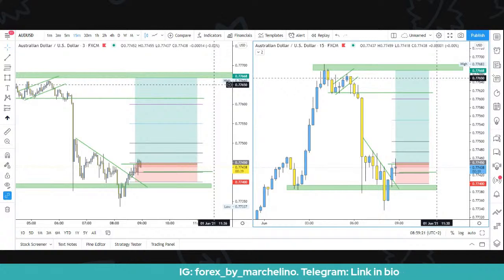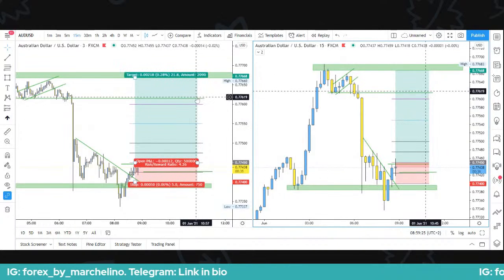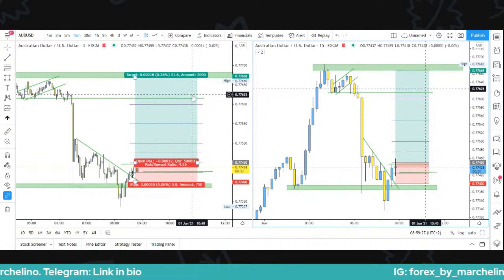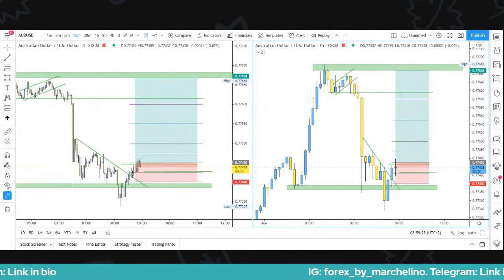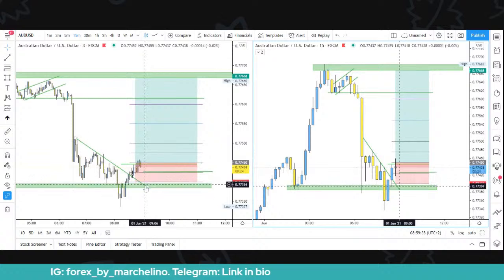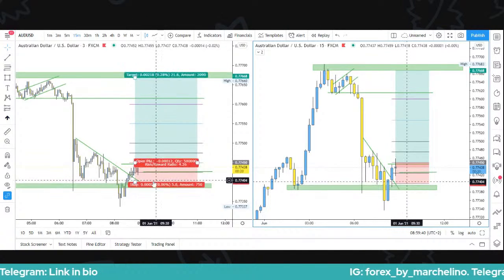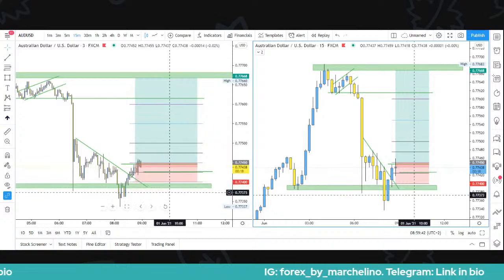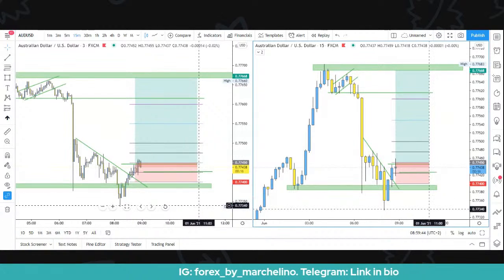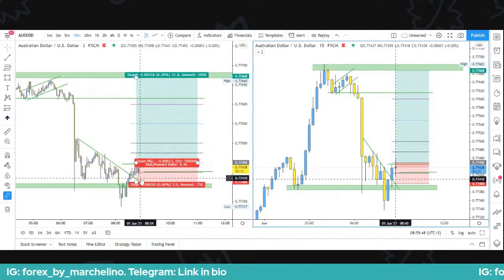If AUD does not close with momentum, I'm probably going to have to adjust my physical stop, or I'm just going to have to keep an eye on it. But I do think there's more upside, even if we come down to retest this zone. I'm not too sure. Yeah, so then we can go up.